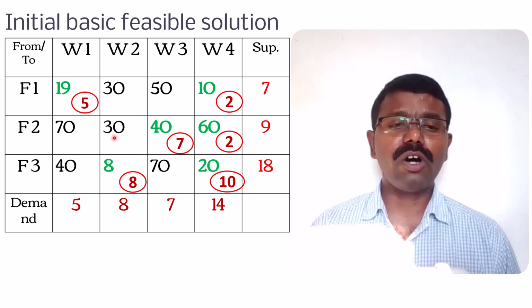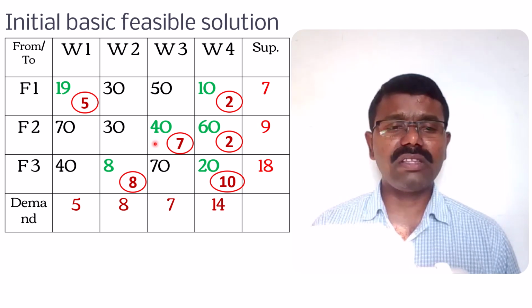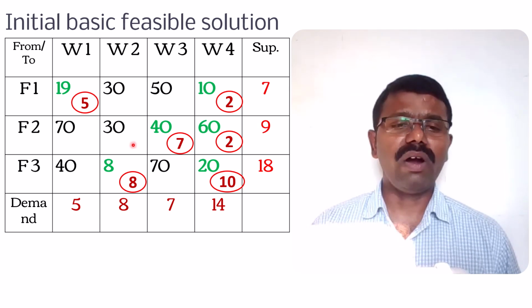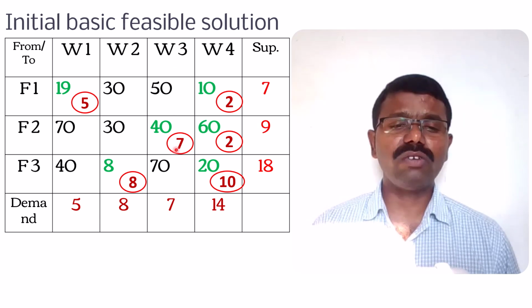So what is the possible value we can assign to this cell? Now first we will see. Let me think about the next cell. If I bring this 7 over here, then what will happen? If I bring this 7, this warehouse will have a deficit. So if this warehouse has a deficit, I need to move some more values over here.